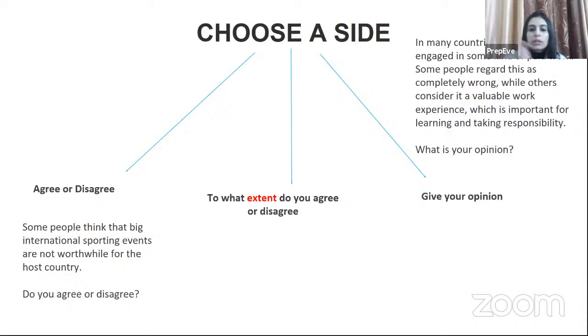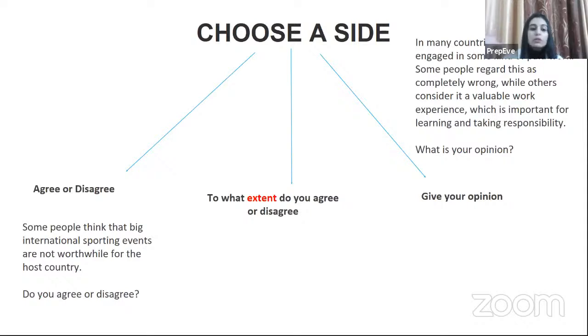I have noticed that most people in the class disagreed with it, which basically means they agreed that host countries would benefit from international sporting events. If you're of that mindset, that it would benefit the host country, then write four points in agreement and you don't have to disagree.